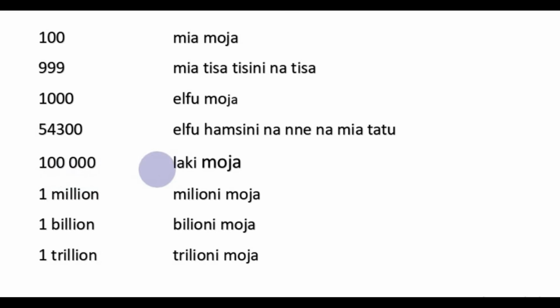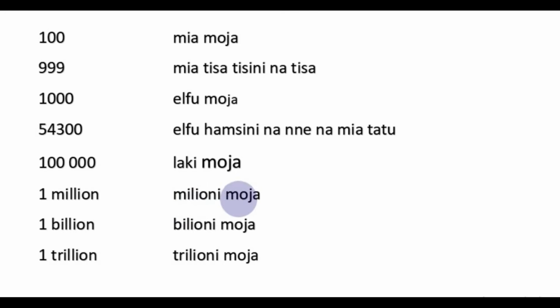So 100,000, it's laki moja. 200,000, laki mbili. 300,000, laki tatu. 400,000, laki nne, and so forth. And this only applies to numbers starting from 100,000.